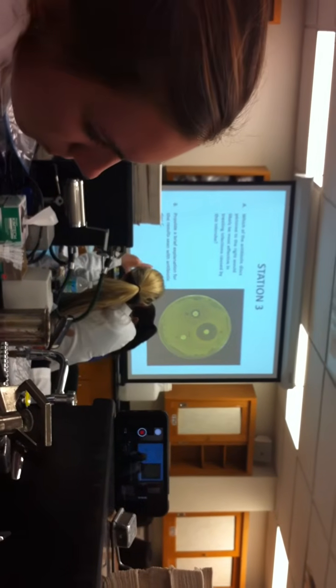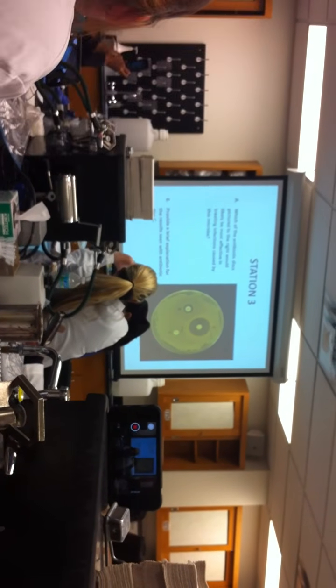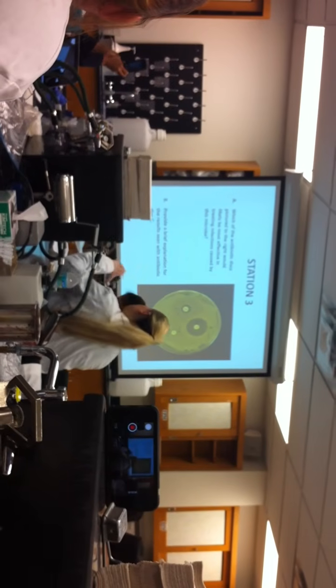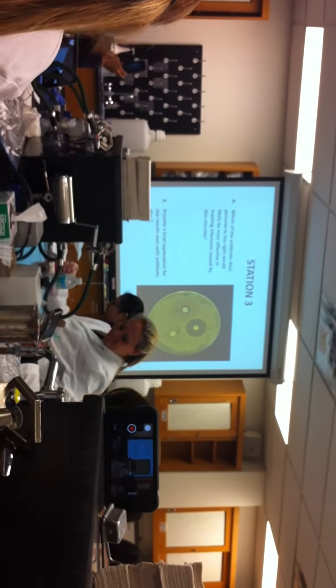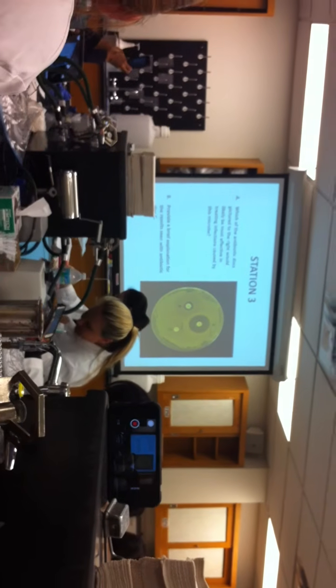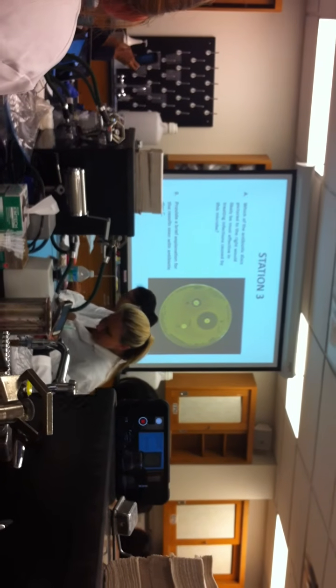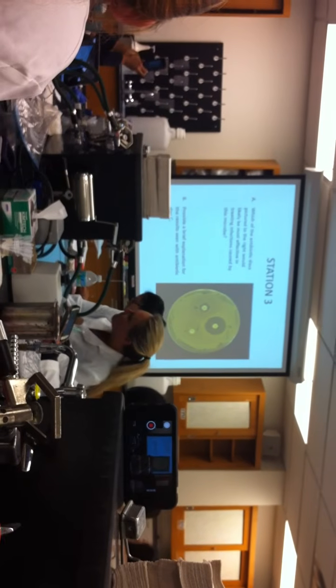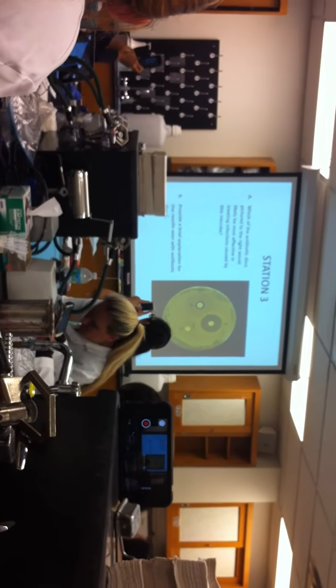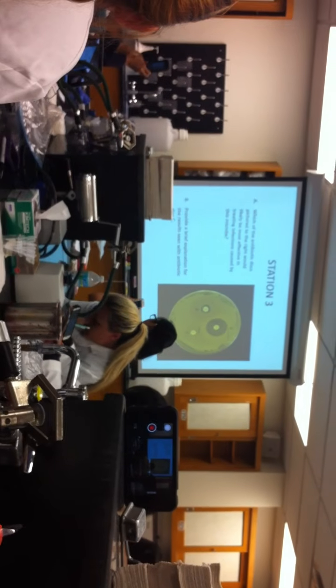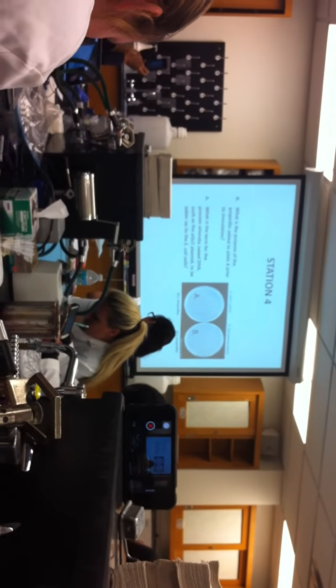So they can grow right on top of the disc because they've destroyed the antibiotic itself. Most of the time they have an enzyme that breaks down the beta-lactam ring in antibiotics. Okay, remember that's that square unit that's in most antibiotics. They're able to break the ring, and that's how they do it.